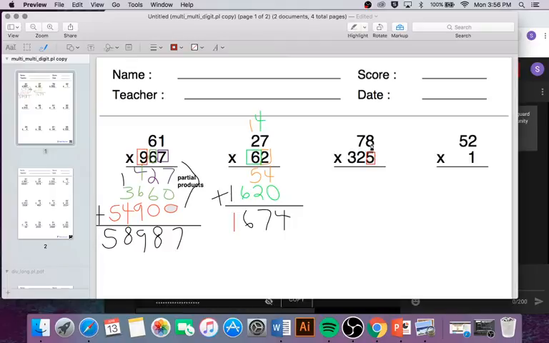Okay, we're going to do 5 times 8, which is 40. We're going to put down our 0 and carry the 4. We have 5 times 7, which is 35, plus 4 is 39.